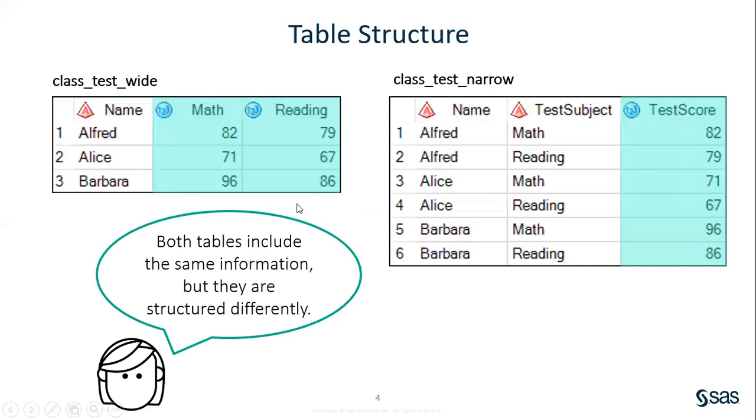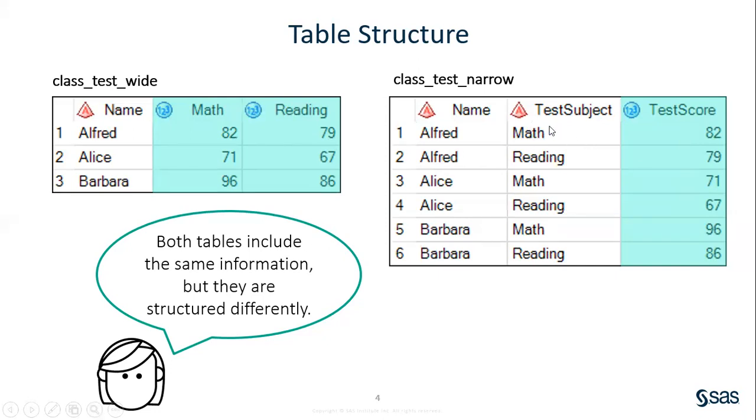Now look into both of these data structures. One table has the information about students and their scores in maths and reading subjects. Whereas the same information, look here in a second table named class test narrow, is given differently. We have converted the columns into rows, and the values have become values for distinct subjects for a single person.